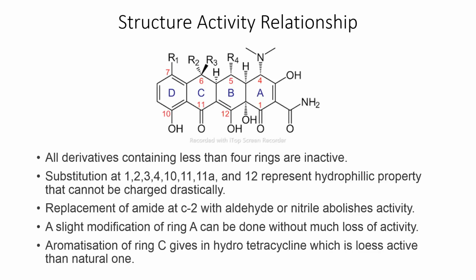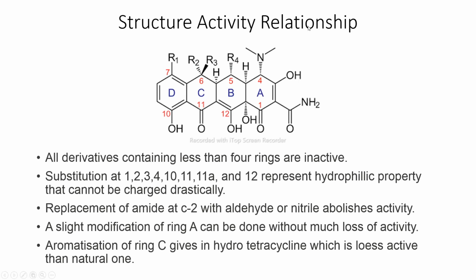Okay. Now this is the basic structure of the tetracycline. As over here you will find R1, R2, R3, R4. These are the sites which are available for substitution. So this is the basic structure of the tetracycline, right? We will study the structure activity relationship of it.